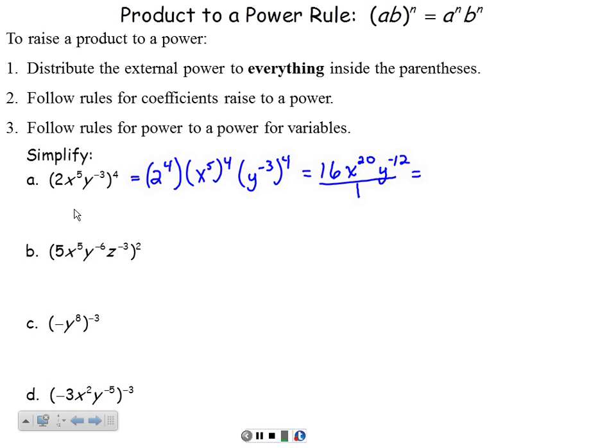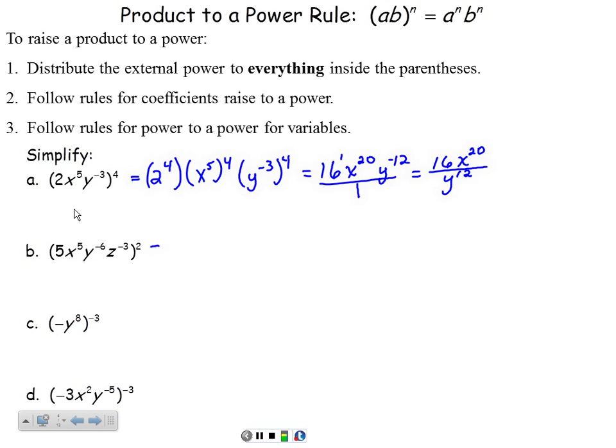If you see a negative exponent, just make it into a fraction if it's not already a fraction. If it has a positive exponent, leave it on top. If it has a negative exponent, push it to the bottom. So 16 has a positive exponent of 1, so we're going to leave it on top. X to the 20th is a positive exponent, so we're going to leave it on top. But y to the negative 12 needs to be pushed to the bottom to a positive 12.